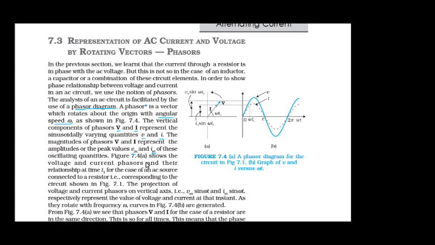Figure 7.4a shows the voltage and current phasors and their relationship at time t1 for the case of an AC source connected to the resistor, that is corresponding to the circuit shown in figure 7.1.